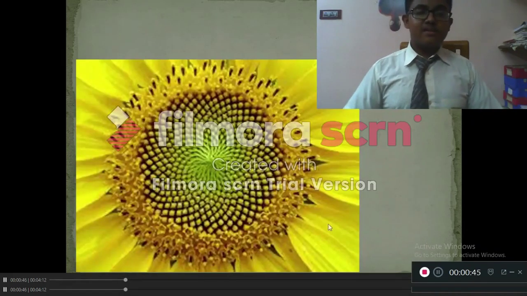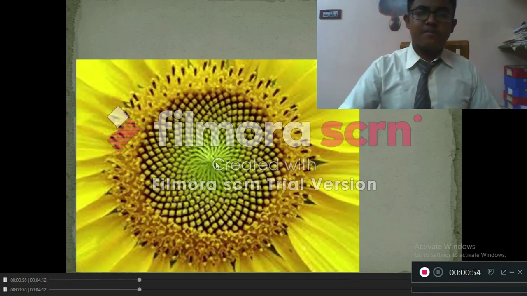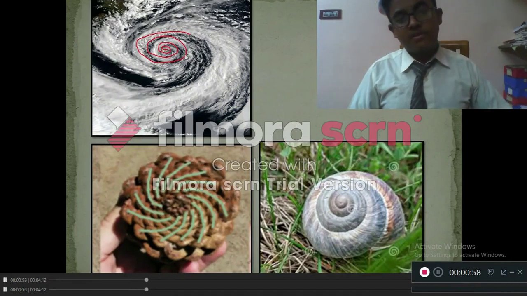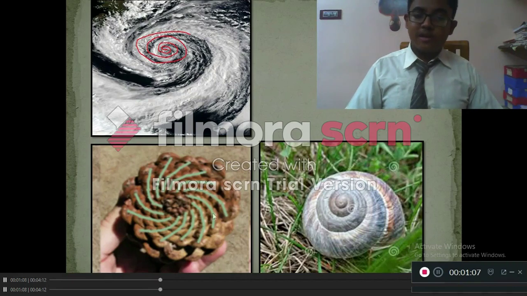Now let's talk about Fibonacci spirals. In this picture we can see certain spirals, which are quite mesmerizing, here in this sunflower picture. Then we have a satellite picture of clouds, which have similar structures. The cone has similar spirals.